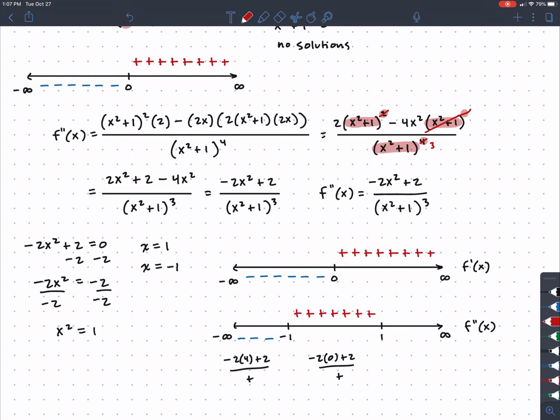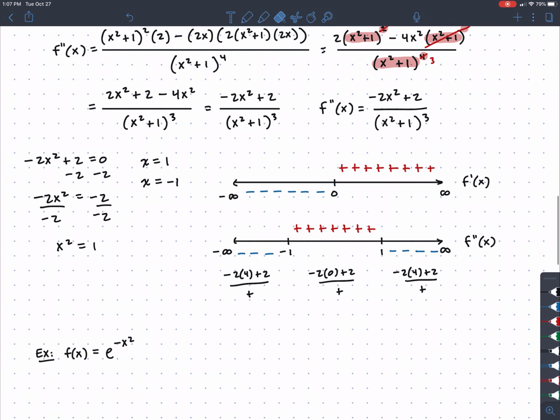So that interval will be positive. And then if I plug in something like positive 2, I'm going to get negative 2 times 4 plus 2 all over a positive number, and so this is actually negative as well.